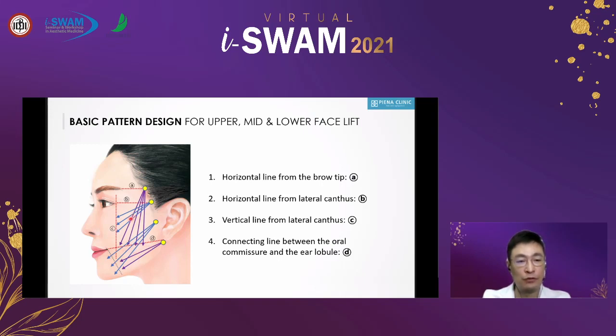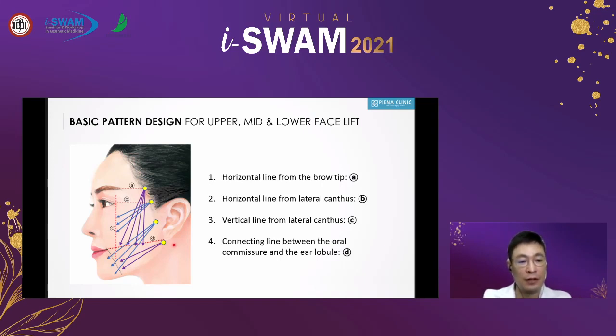If you put it too medially, for example from here to there, patients are always moving their muscles in this part. So there may be side effects, such as a protruding thread and an unnatural smile. So it's better to advance your thread up to these two lines.